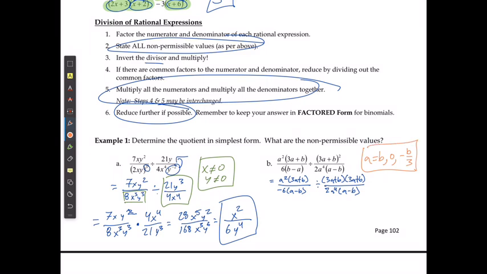I'm going to flip the divisor and say that I have a squared times 3a plus b over negative 6 times a minus b. I'm going to multiply that by 2a to the 4 times a minus b over 3a plus b times 3a plus b.